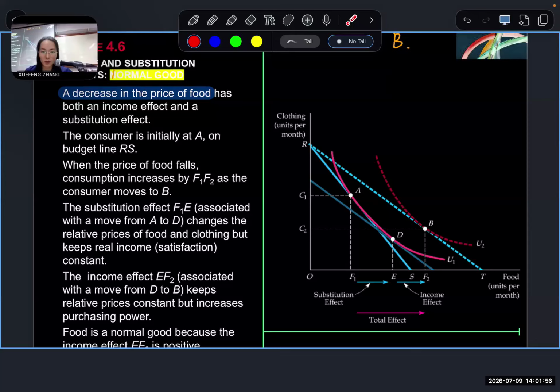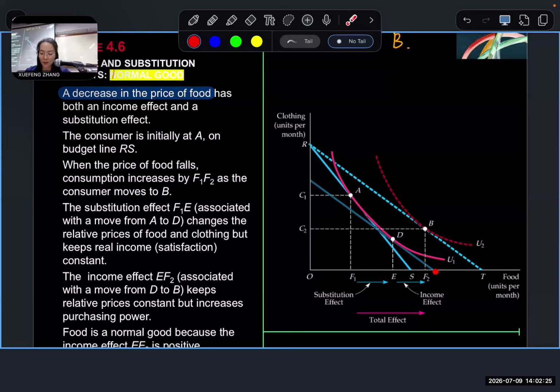So here is the trick. We need to draw an imaginary budget line which is parallel to the new line RT, but tangent to the old indifference curve, which is U1. So that's why we have a light blue budget line here, can you see it?